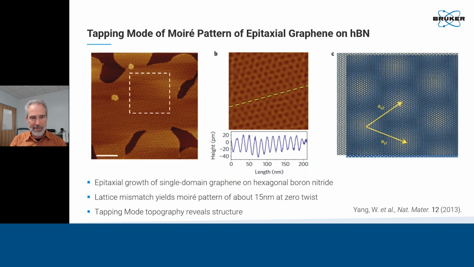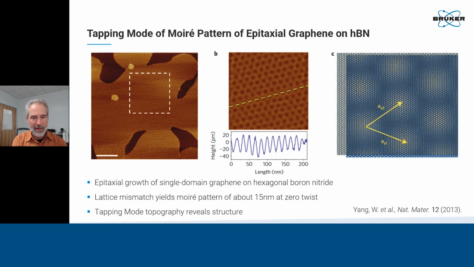This moire pattern that arises because of the lattice mismatch in the materials was first observed using STM, but then pretty quickly it was also observed in tapping mode topography, which is what we're looking at here in this paper by Yang from 2013.